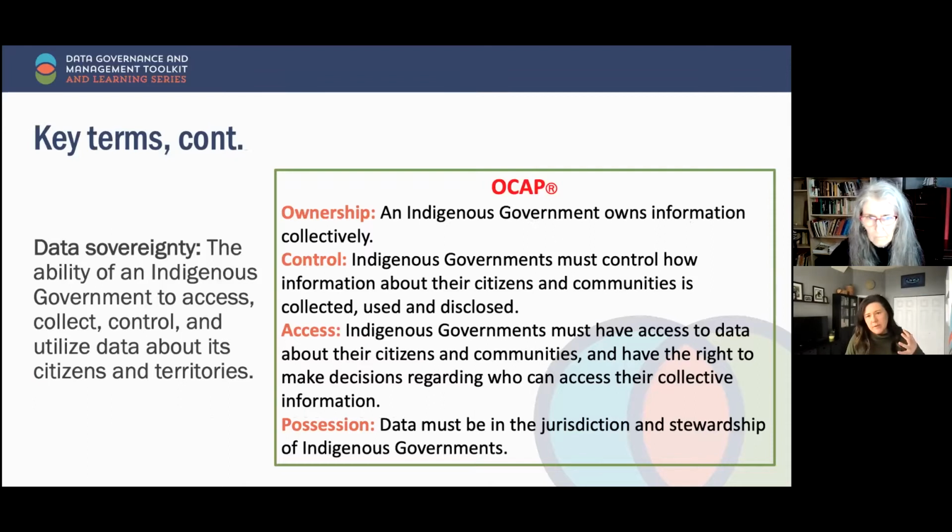OCAP was developed in a very specific context, but as it applies to Indigenous governments, it just recognizes the sovereignty or the rights of the government to own the information as a collective, to make decisions about how it's used, to access it wherever it resides, as well as control who else can access it, and wherever possible to possess it. And increasingly, this is virtual possession, as so much of our data is stored not in physical records. Next slide, please.